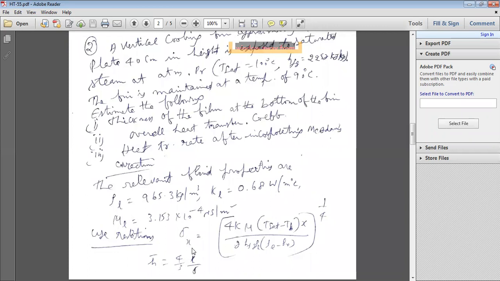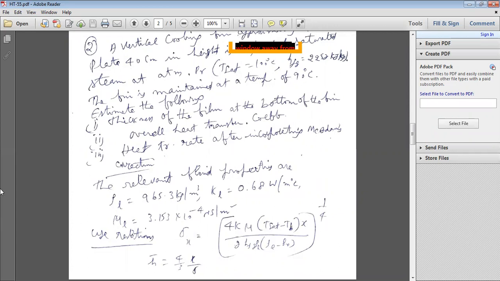So use the relations. First bit, the thickness of the film at the bottom, that is x is equal to L. Delta x: how to calculate? Delta x is equal to [4 k mu (T saturation minus Ts) x divided by g hfg (rho L minus rho V)] whole to the power 1 by 4.